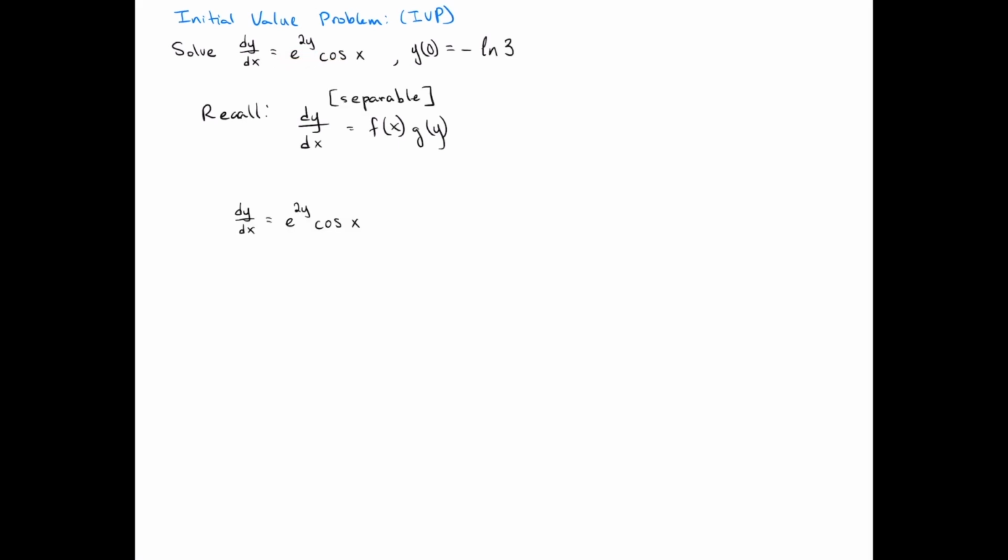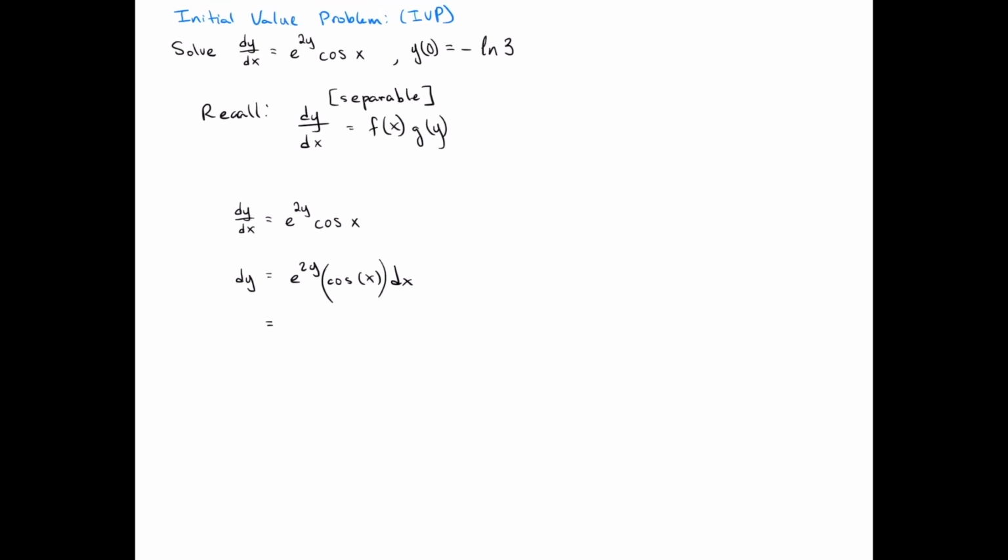So the first step to solve a separable differential equation is to move all the terms of y to one side and all the terms in x to the other side. So in this case, we have dy on the left, we can multiply dx to the right, so it becomes this.